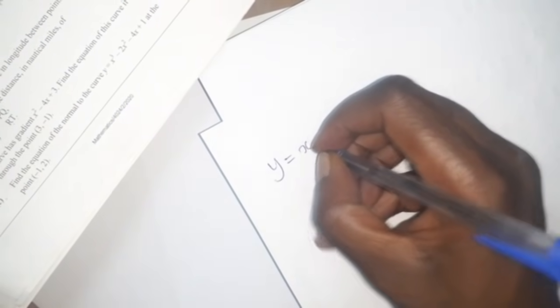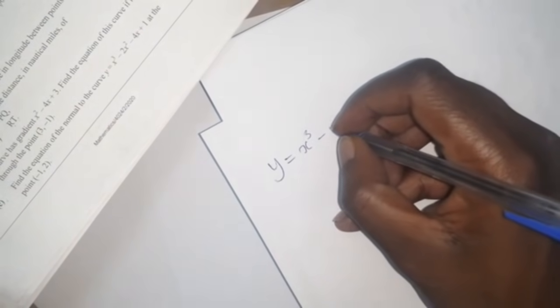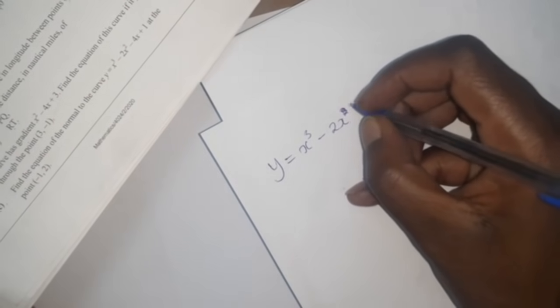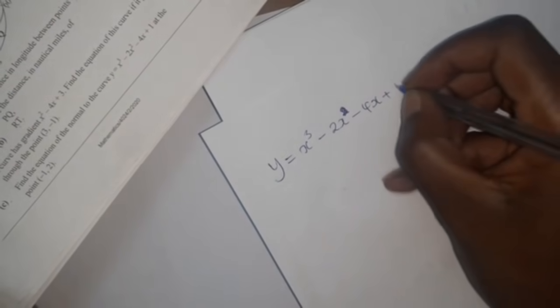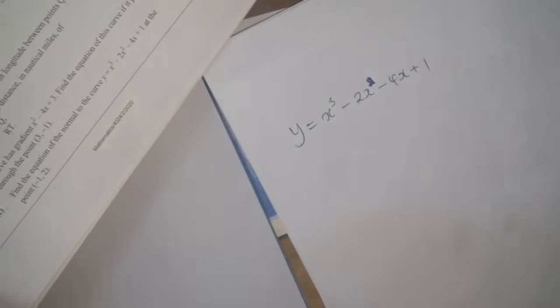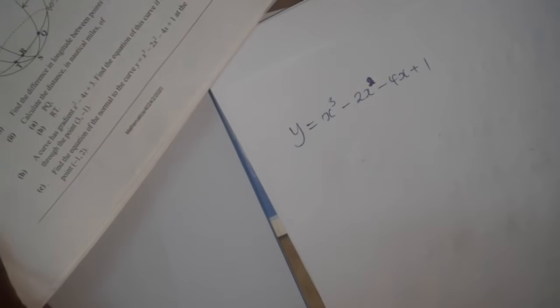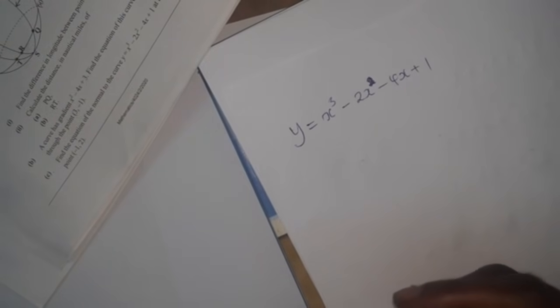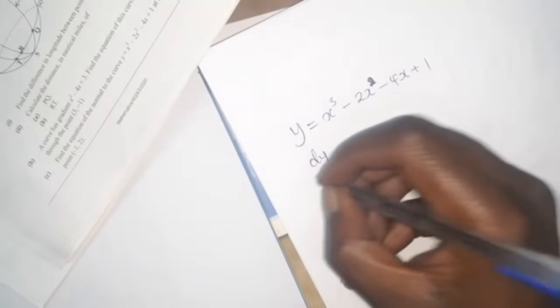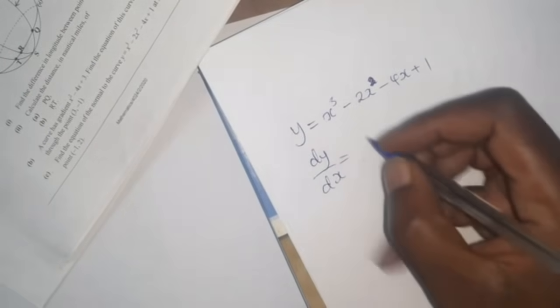We have y equals x cubed minus 2x squared minus 4x plus 1. So we need to find the gradient here. What are we supposed to do? We are dealing with dy/dx. What is the gradient here?